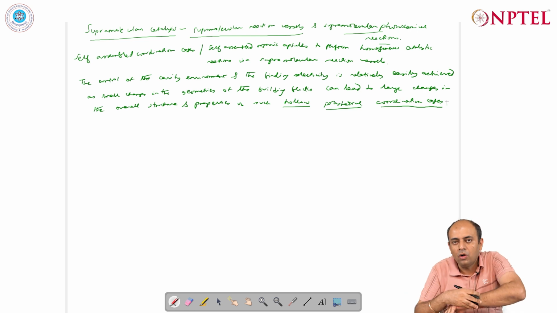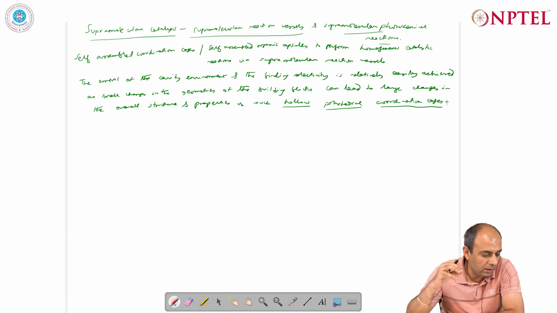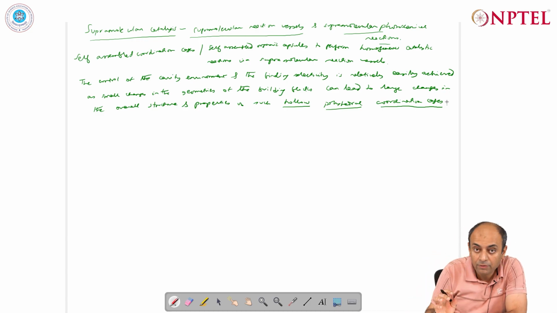So we have these hollow entities which are built up of polyhedral units and consisting of metal ligand bonds, which we have already studied is a process of strict self assembly.